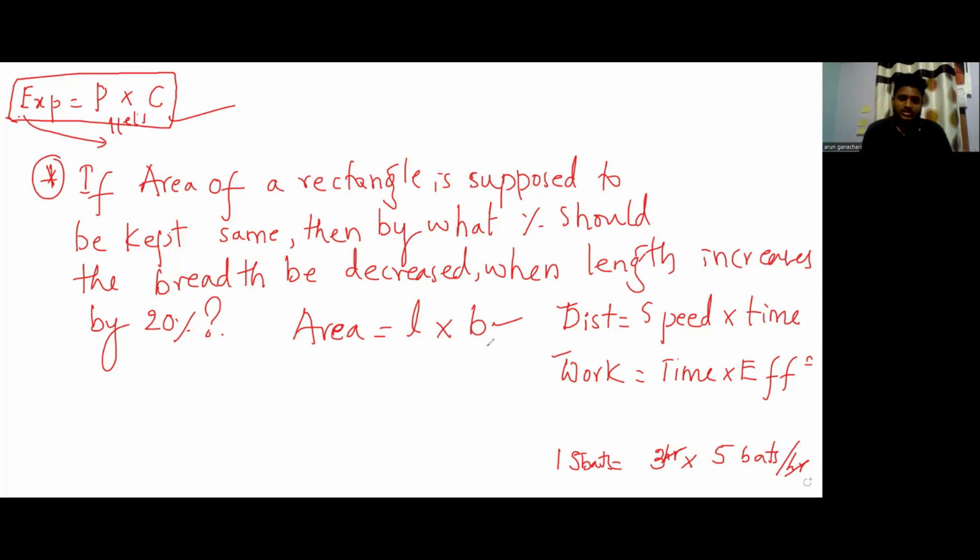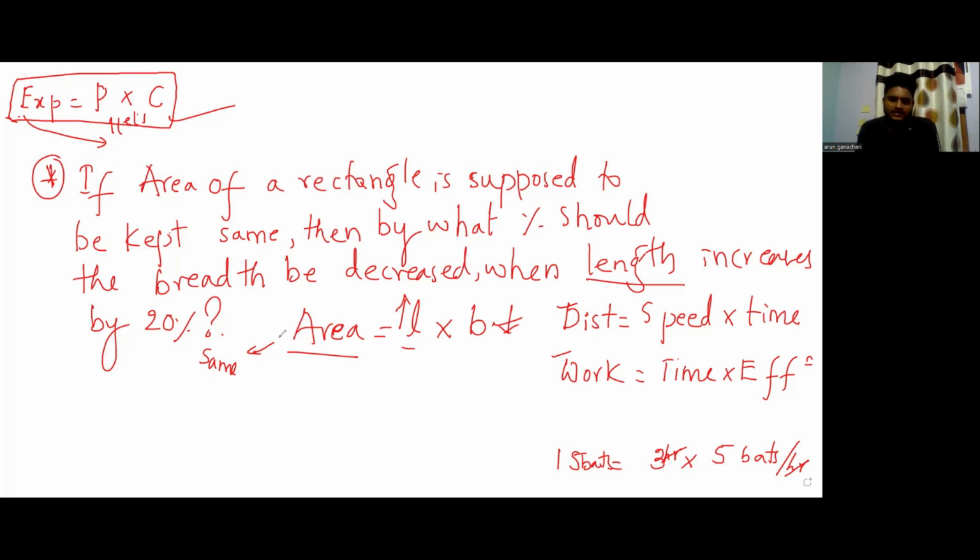So in this case, what is happening? We are supposed to keep the area the same. But what is increasing here? Length is increasing. Yes or no? Length is increasing, but the breadth has to be decreased to maintain the same area.